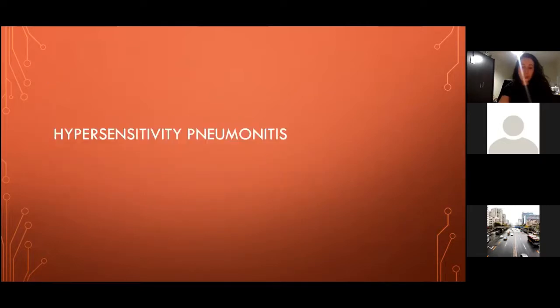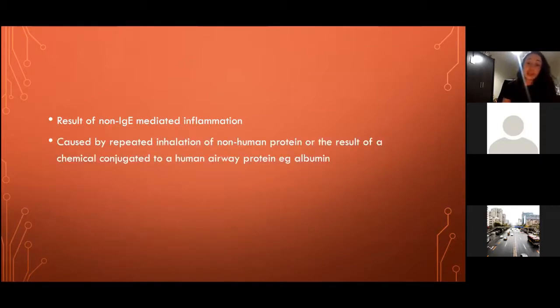Okay, so hypersensitivity pneumonitis, that's the next topic. That's also known as extrinsic allergic alveolitis. So it's a result of non-IgE mediated inflammation. It's caused by repeated inhalation of a non-human protein or the result of a chemical conjugated to a human airway protein.